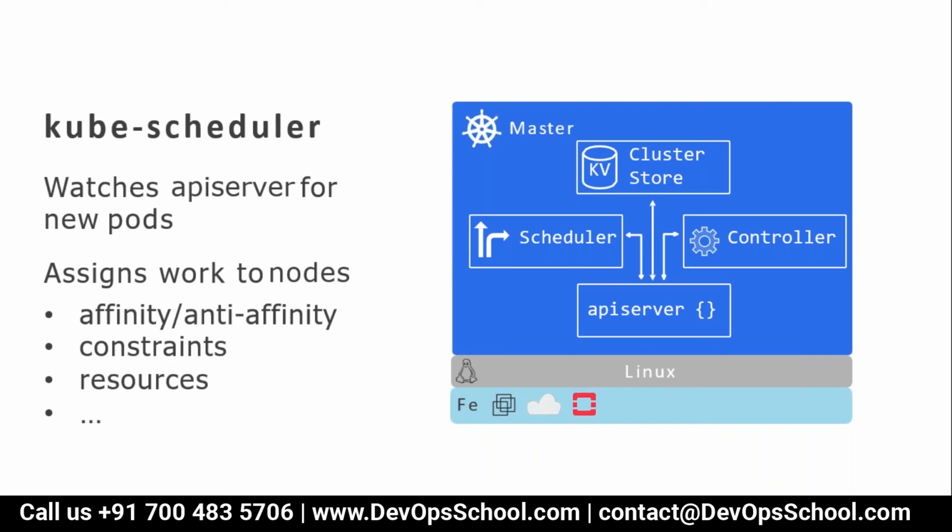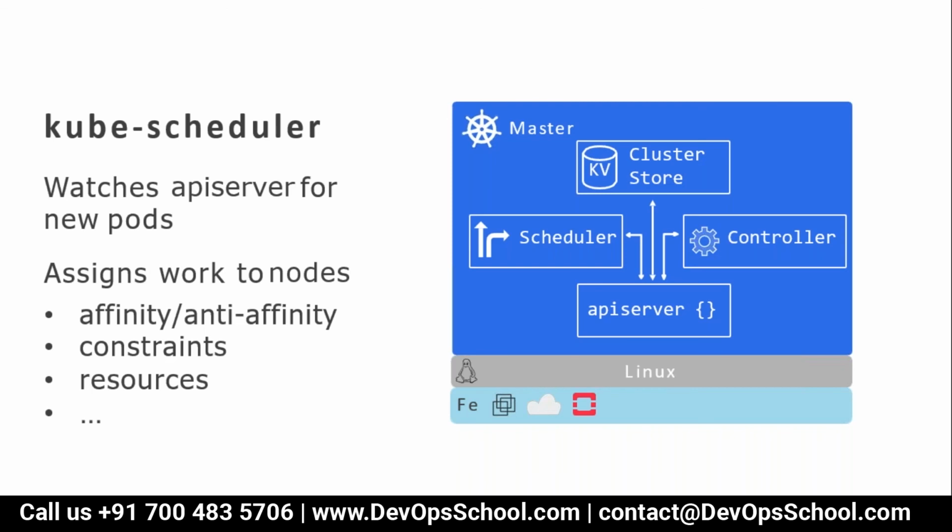So what will happen? The API server doesn't talk to the worker directly. They assign this work to the scheduler. The API server says, boss, can you please assign this work to create 5 pods to the node? And the scheduler is very intelligent. Remember I said, what is Kubernetes?